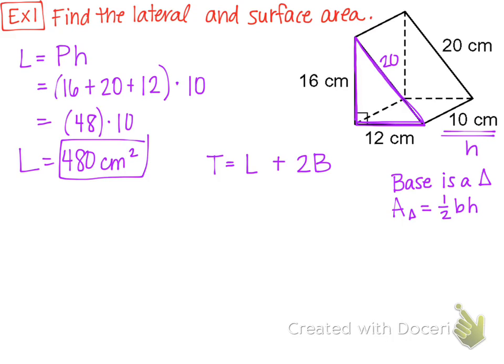So, total is equal to, and we already have the lateral, so I'm going to go ahead and fill that in, 480 plus 2 times 1/2. The base of the triangle is going to be 12. Now notice this b is a little b, so we're talking about the base of the actual triangle base. 1/2 12 times the height of the triangle, and if 12 is the base of the triangle, the 16 has to be the height.